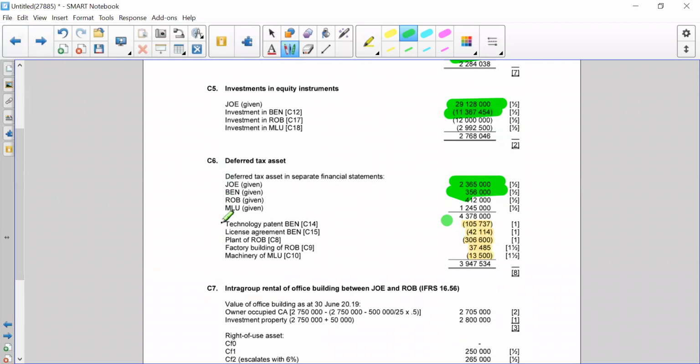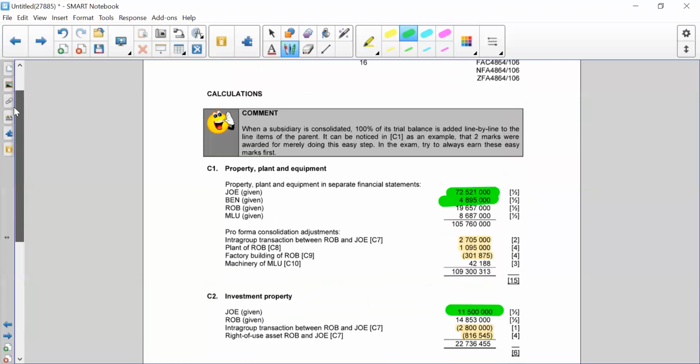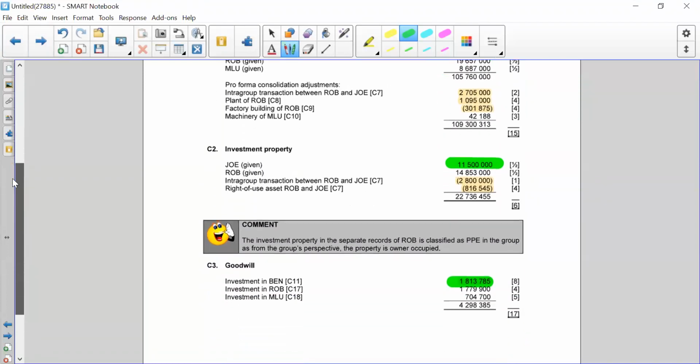All right. Then the deferred tax on the technology payment, patent 1.5, and then as well as the licensing contract 42,114. So we've covered all of those already in our calculations. So I just want to run through the solution quickly and just see that there's nothing that we would have missed for Ben.